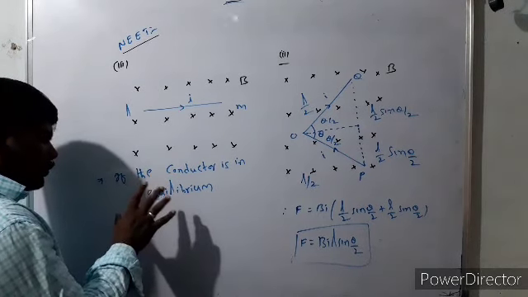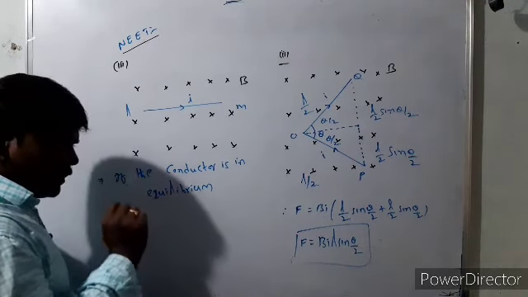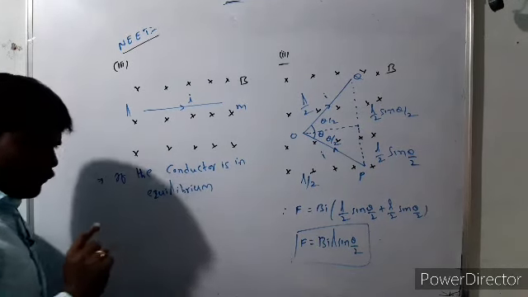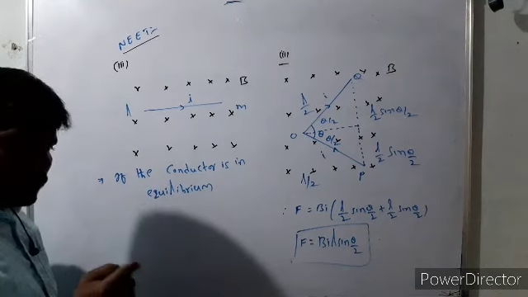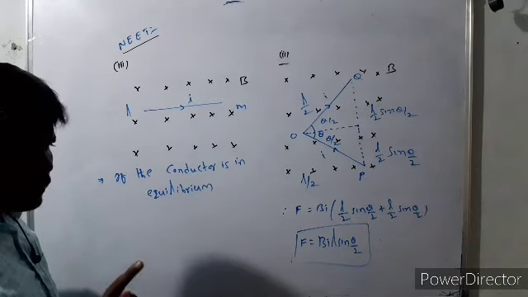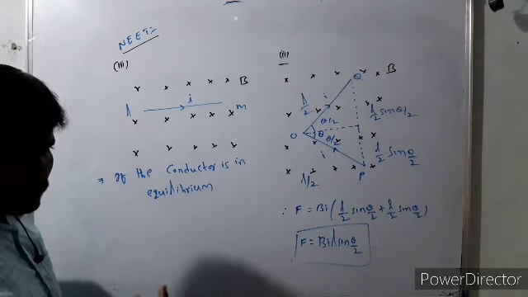When a body is in equilibrium, what is the net force? 0. While you are going to calculate net force, at least two forces are needed, so two forces may act on that body.